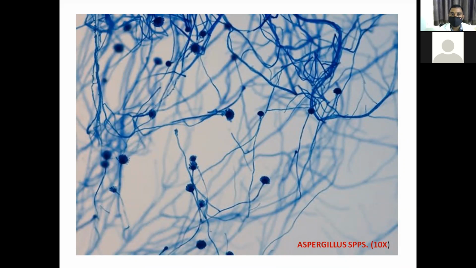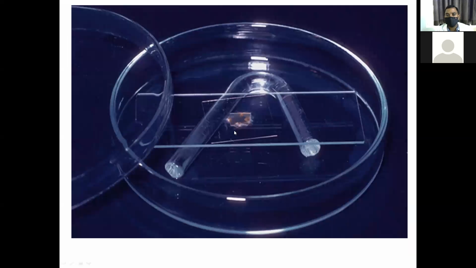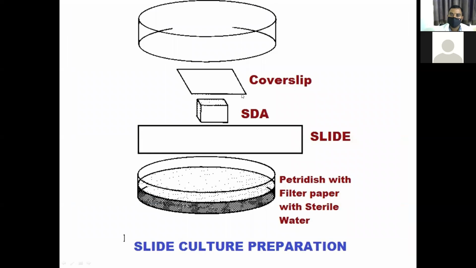For this microscopical examination of Aspergillus species, first of all, from this agar block, this cover slip is there, no? This cover slip contains the growth.